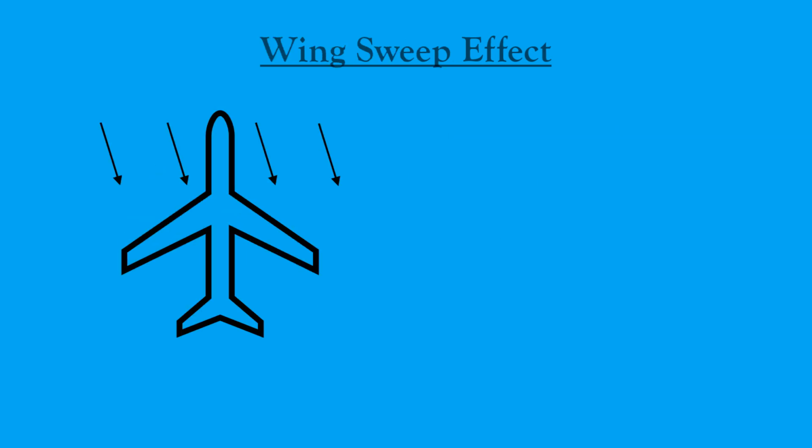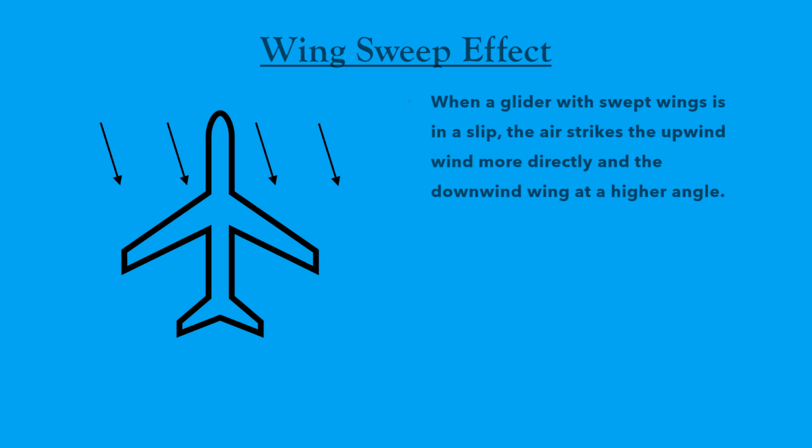Now let's consider an aircraft with a large amount of wing sweep. Wing sweep means that the wing tips are located quite a bit aft of the wing roots. In this situation, that air, which is flowing a little bit diagonally because of the slip, will strike the upwind wing more directly than it strikes the downwind wing.